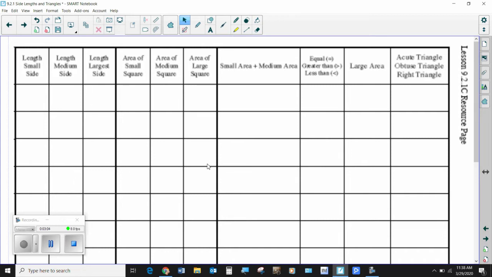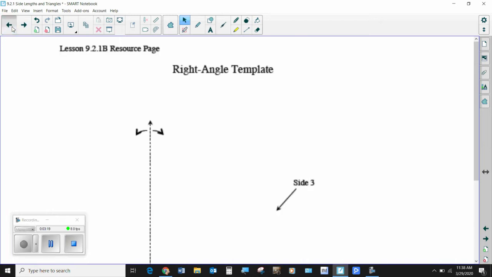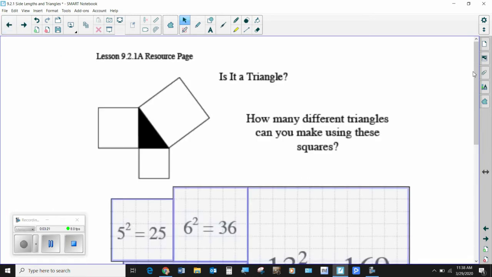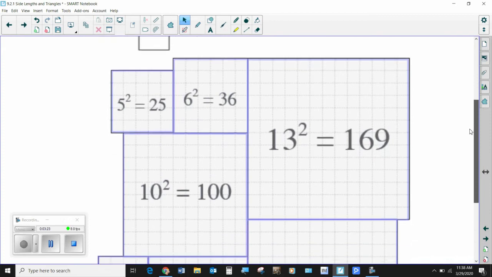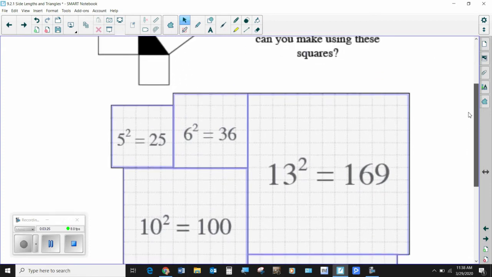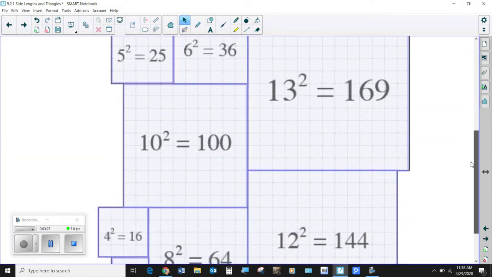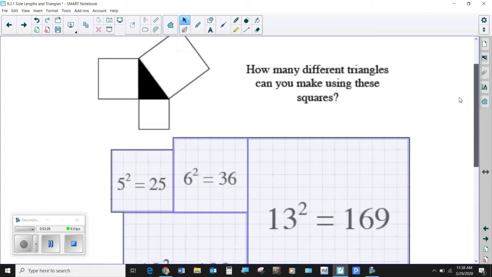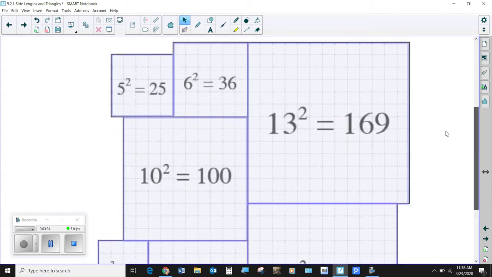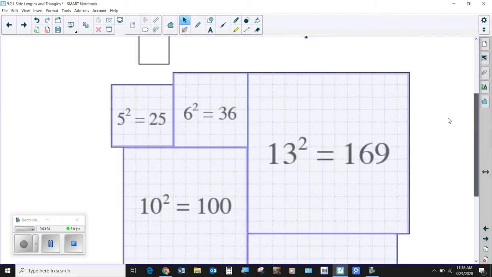And after we've got all these numbers filled in, then we're going to look to see if there are any patterns that'll help us with looking at individual side lengths of triangles and what type of a triangle it would create. So go ahead, pause the video, cut these squares out, and then when you come back, we're going to start manipulating them, and I'll show you how to manipulate them with resource page B.